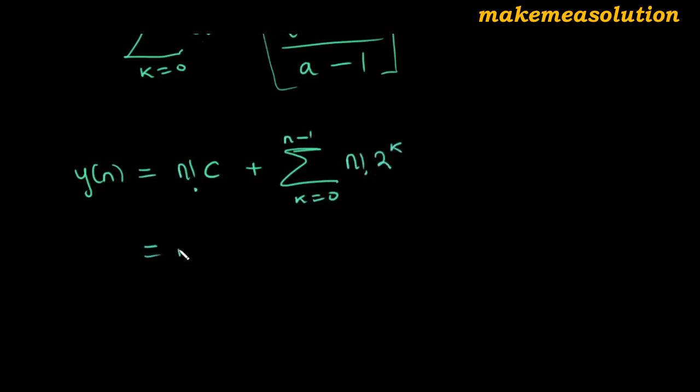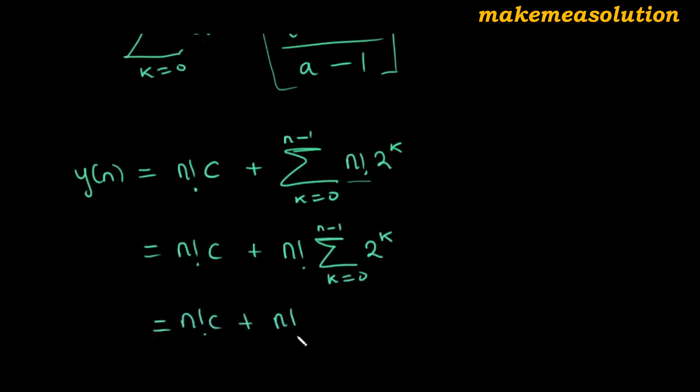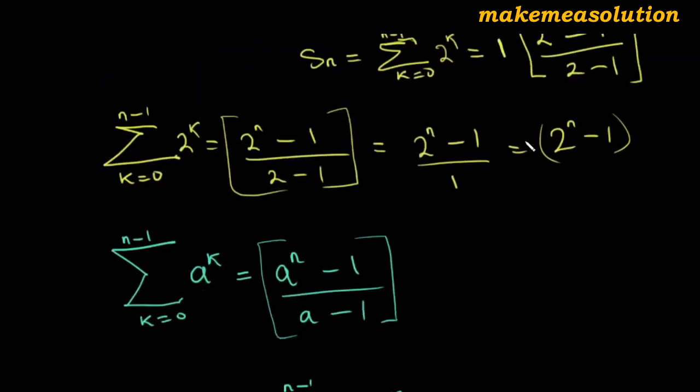So this became n factorial c plus n factorial comes out, and you now have your summation from k equals 0 to n minus 1 of 2 raised to the power of k. When you resolved this one, you got 2 raised to the power of n minus 1. That was what we resolved when we got to this point.